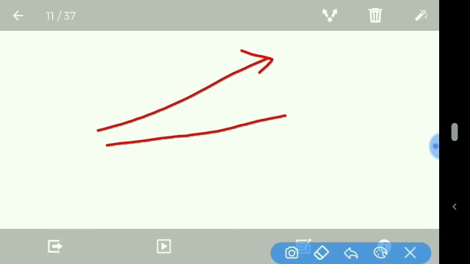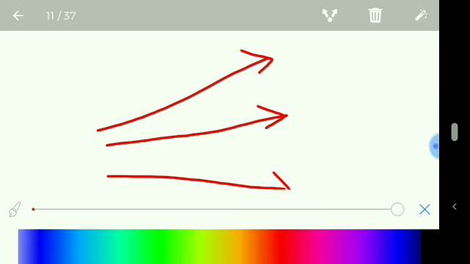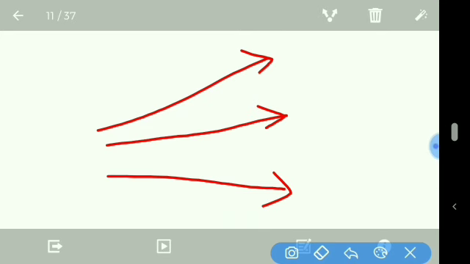Now let us see how it happens. A non-uniform electric field can be shown in this way. That means the electric field lines are not parallel. If they are parallel, then it will be a uniform electric field. Now in such an electric field, suppose a dipole is placed here, this is the positive charge and this is the negative charge.